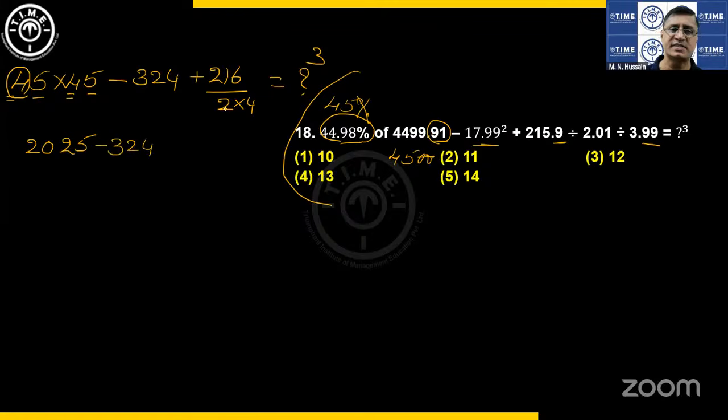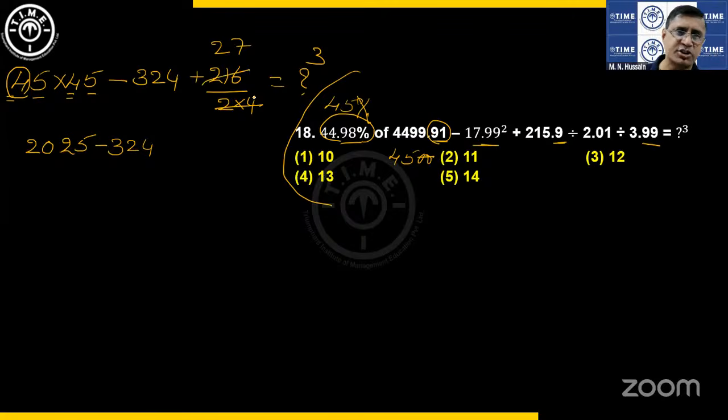Now what about this 216 by 8? 2 into 4 is 8. 8 goes how many times? 8 2 times is 16, 7 times is 56.